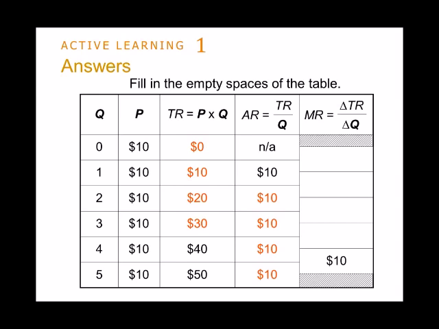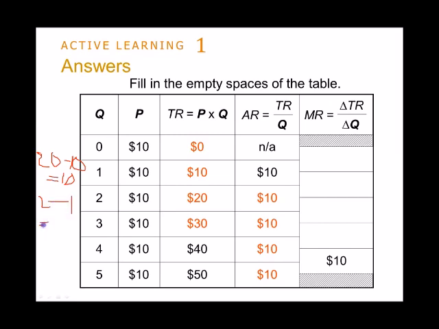Now, marginal revenue is the change in total revenue divided by the change in quantity. When I'm moving from 10 to 20, the change in revenue is 20 minus 10, which comes out to be 10. My change in quantity is 2 minus 1, which is just 1.